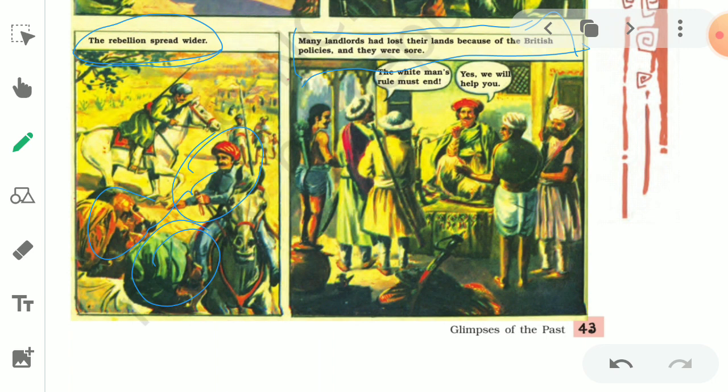Many landlords had lost their lands because of the British policies, and they were sore. The white man's rule must end. Somebody said, yes, we will help you. Landlords, the rich men in the village, lost their lands because of the new British policies.